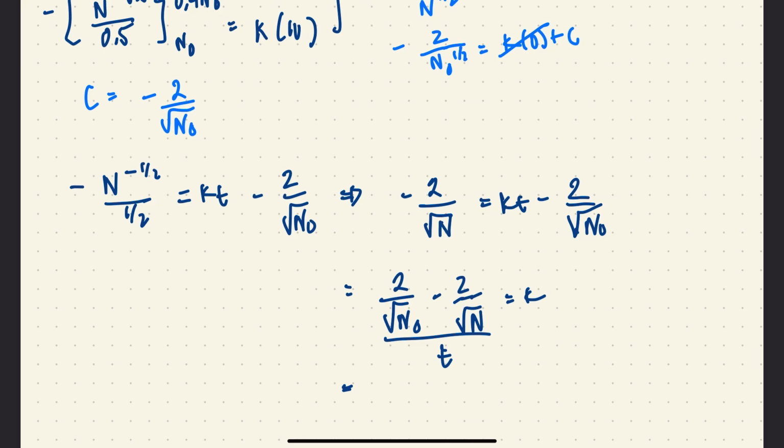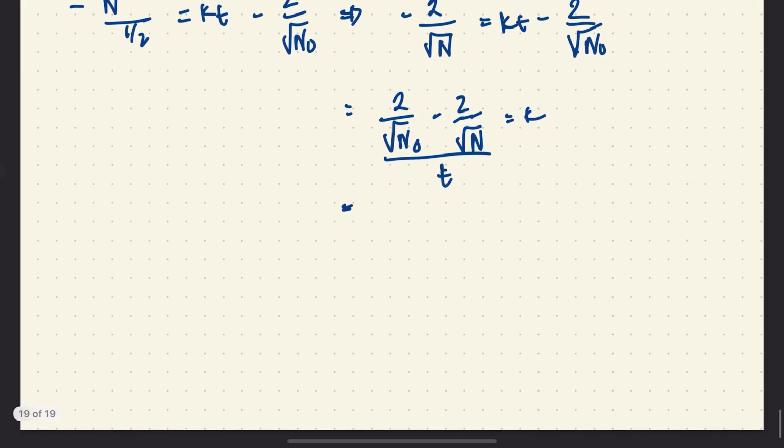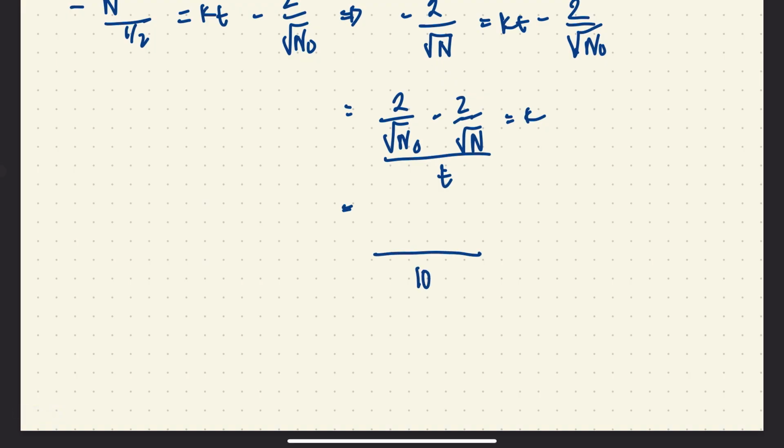We know that after 10 minutes, 60% have been killed. So you can say that after 10 minutes, 2 over square root of n0 minus 2 over square root of 0.4 n0.